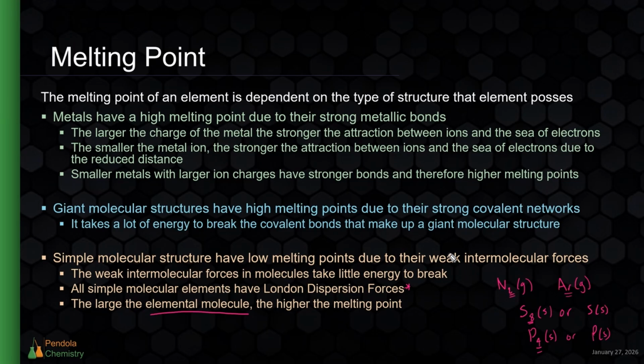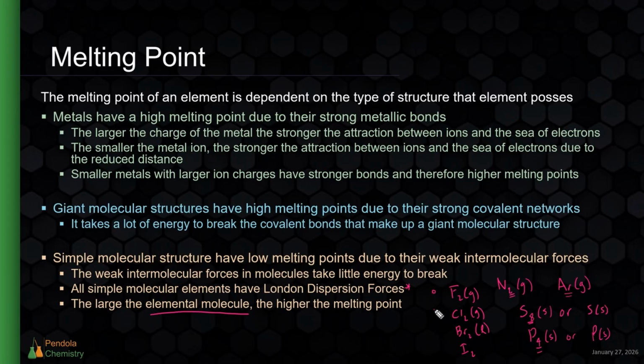Not only that, it also helps explain the halogens. If we have F2, Cl2, going down the group, Br2 and I2, we see that fluorine and chlorine are gases at room temperature, because fluorine and chlorine are small and not very heavy. But bromine, Br2, is a liquid at room temperature. Why? Its melting point is much higher because the bromine atom is bigger.